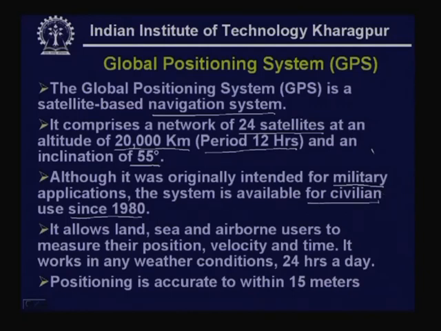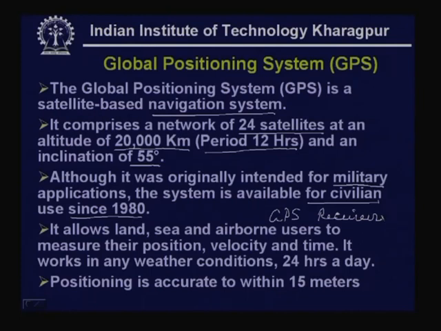And with the help of this GPS system, one can do global positioning, and from that it has derived its name. Actually, it allows land, sea and airborne users to measure their position. That means, 3-dimensional position can be measured, velocity can be measured, and the exact time also can be measured with the help of a GPS receiver.